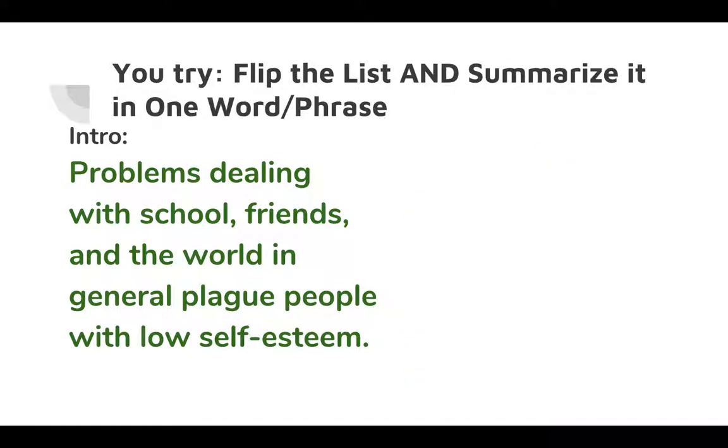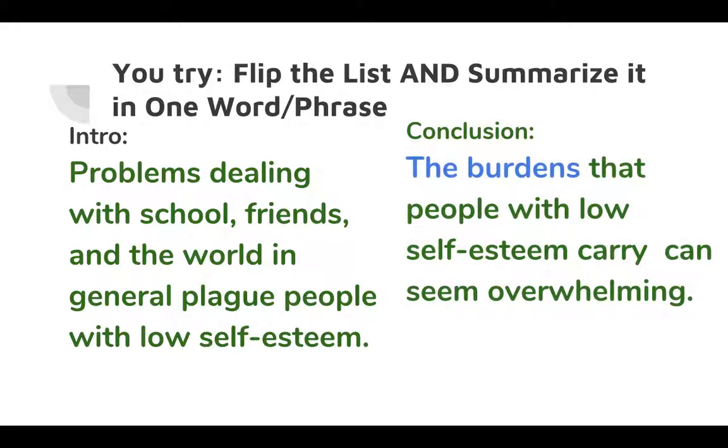And finally, see if you can summarize all the main ideas, school, friends, and general problems in the world, and see if you can find a single word that summarizes all 3 of those main ideas. And then put that in your conclusion. Go ahead and pause, and then when you're ready, unpause. And so that's what I found. "The burdens that people with low self-esteem carry can seem overwhelming."